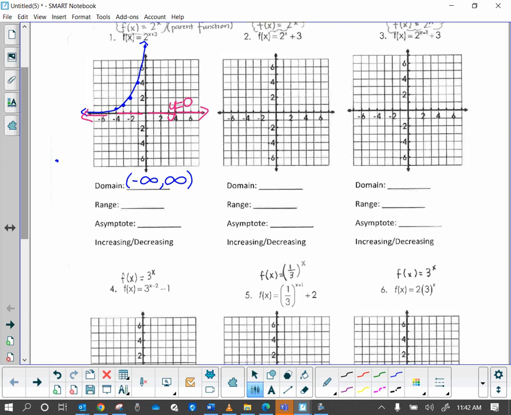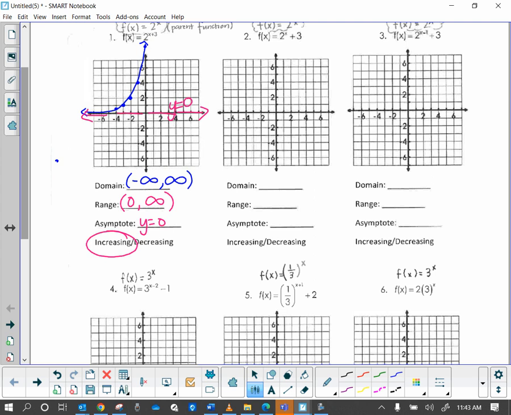It's going to start at 0. So your range, your y values start at 0 and they go up. They don't go down here at all. So 0 to infinity. The asymptote we said was y equals 0. And from left to right, the graph is increasing. Okay?